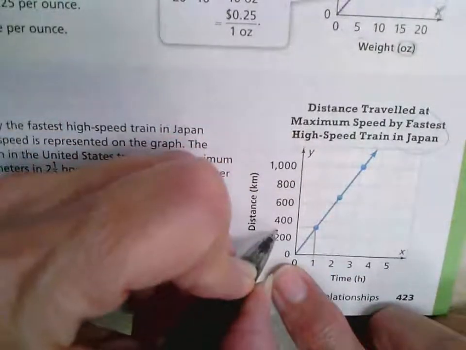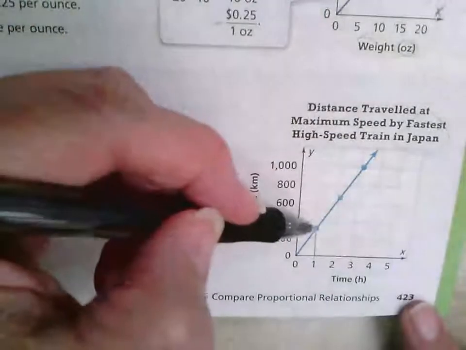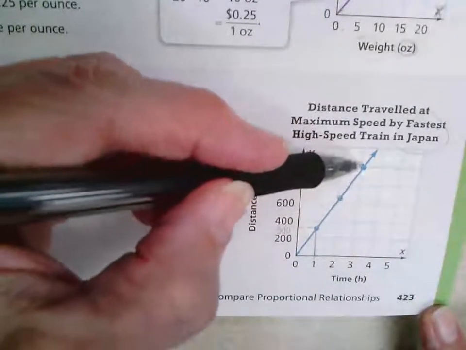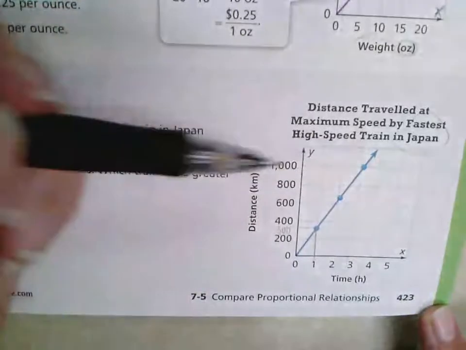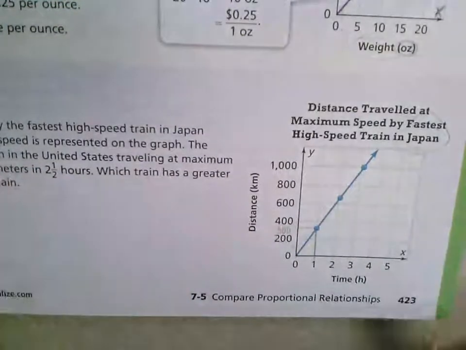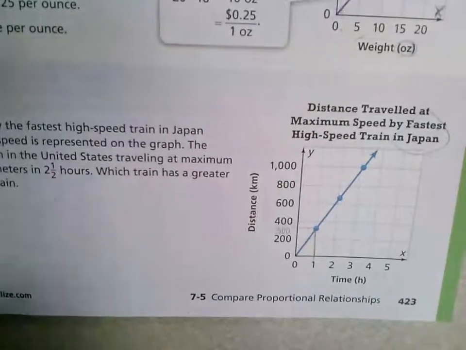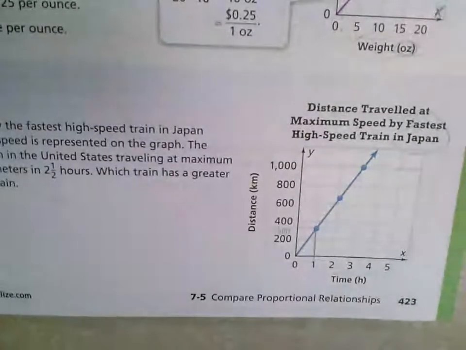It looks like these are going by 200, so 300 is somewhere in here. And again, my line doesn't look like it lines up perfectly on the intersection points there. So that makes this one a little trickier, and you'll notice that they don't even give us any points on this one. So I'm going to start with what I know.